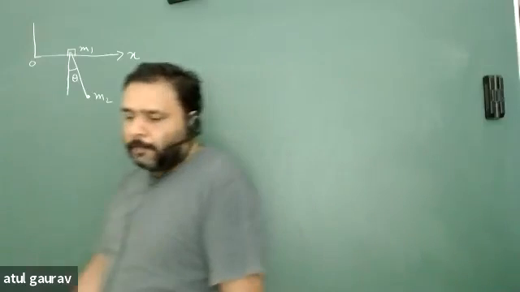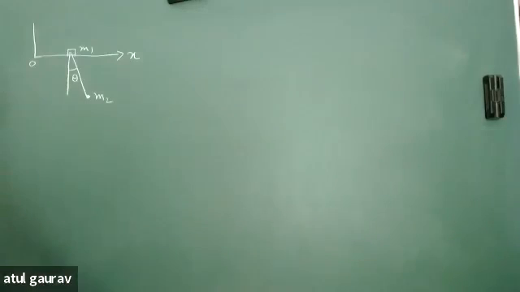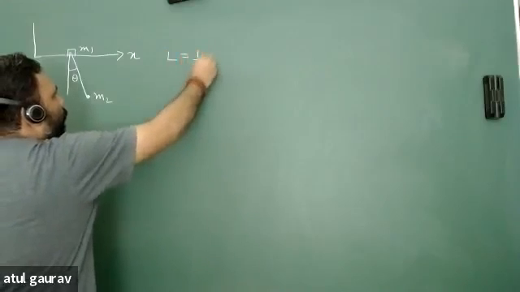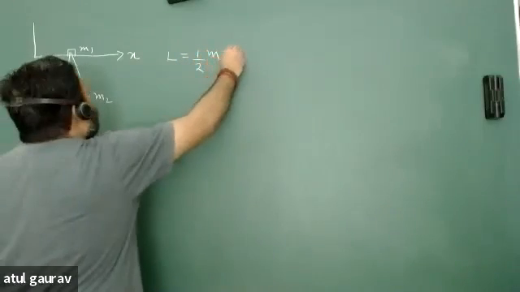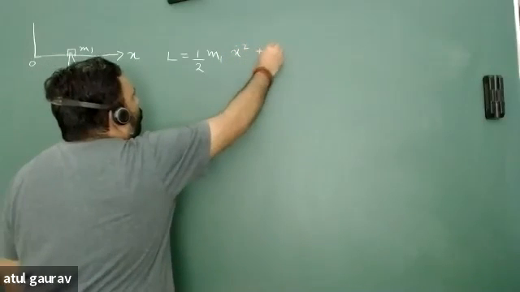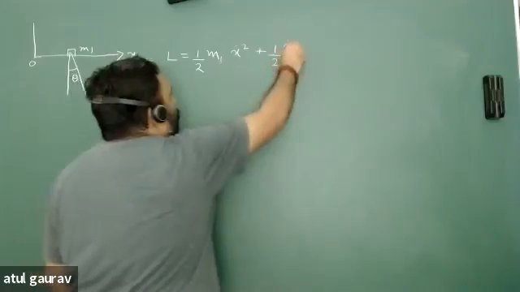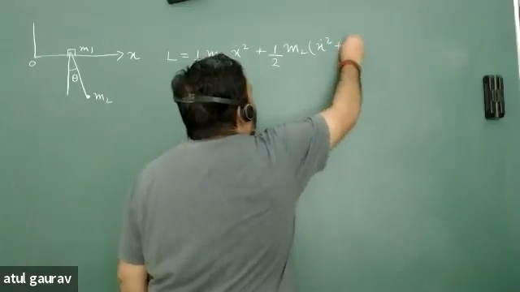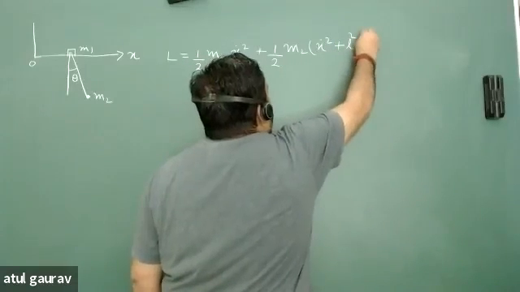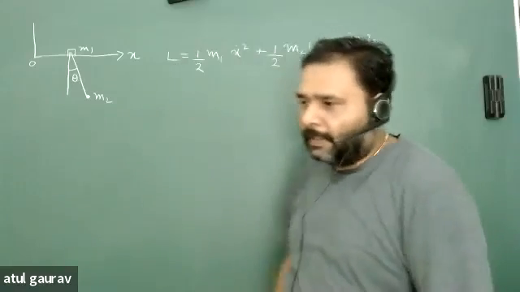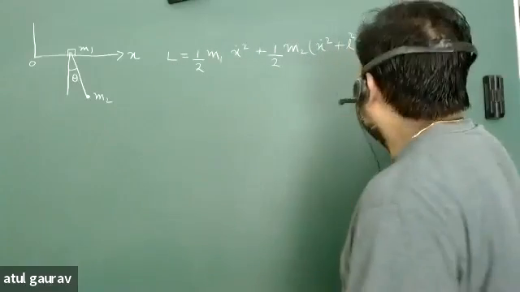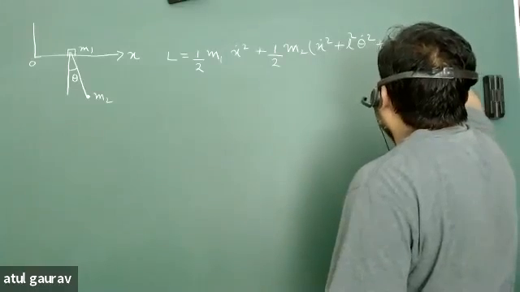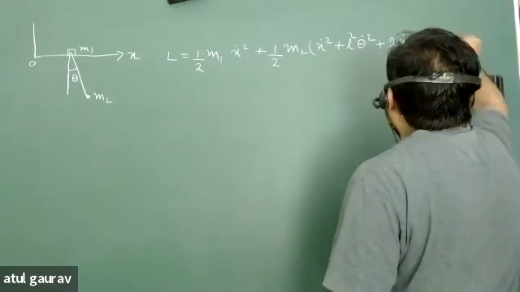And if you remember, I can have a Lagrangian as half M1 x dot square plus half M2 x dot square plus L square theta dot square, plus cross term 2x dot L theta dot cos theta.